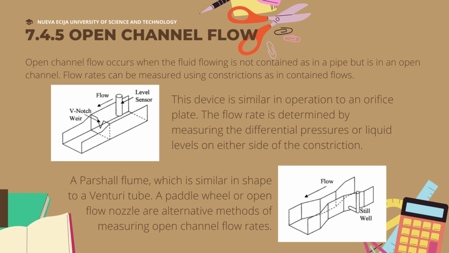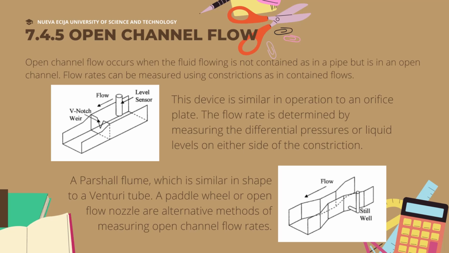So, etong sa kaliwang picture, this device is similar in operation to an orifice plate. Parehas daw sila ng operation ni orifice plate. The flow rate is determined by measuring the differential pressures or liquid levels on either side of the constriction.